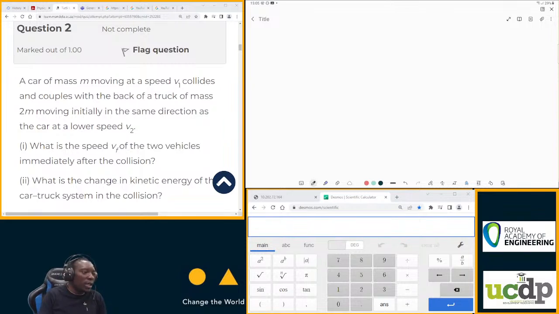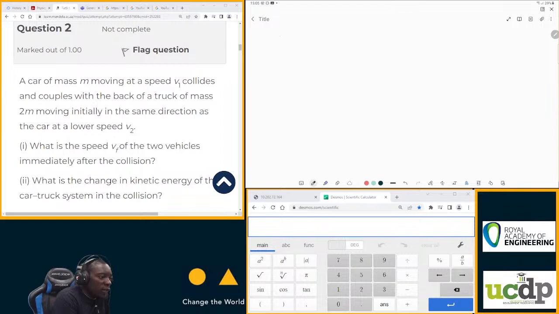So v1 is the speed of car 1 with mass m, and v2 is less than v1. And the mass of car 2 is twice the mass of car 1, such that we have the two coalescing after the collision.